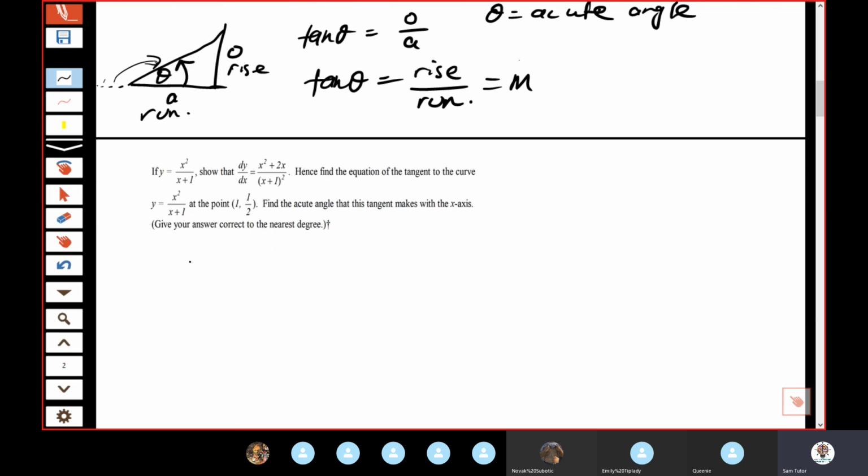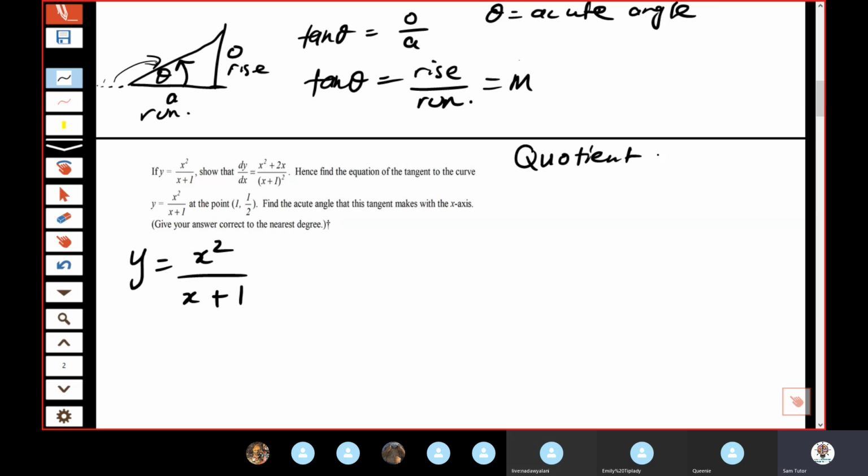Let's do the first bit. We've got y equals x squared over x plus 1. We have to differentiate this. Do you remember what you must use if you've got two x's like this? The UV thing. Do you remember the word? It started with Q. Product would be multiplied.